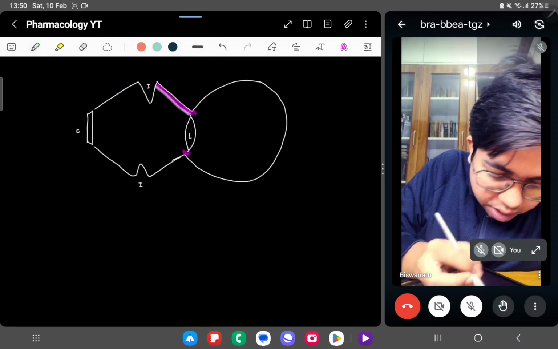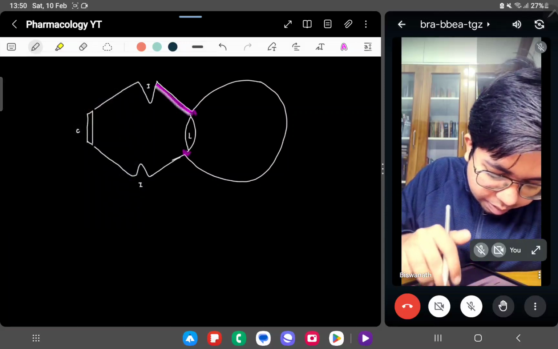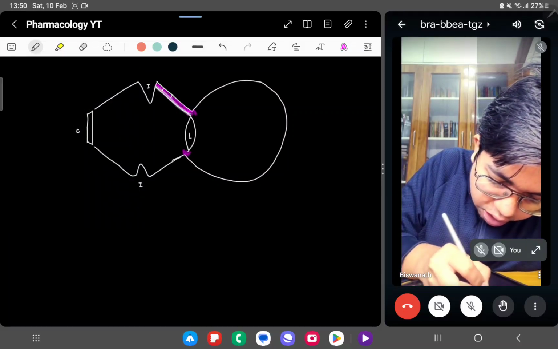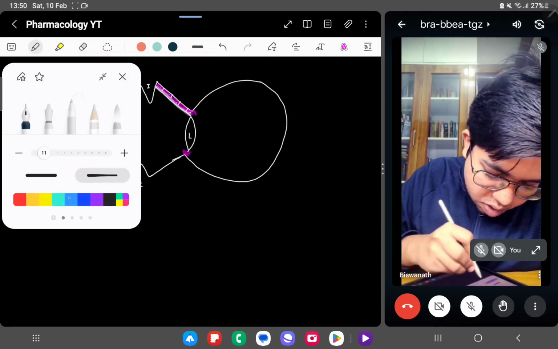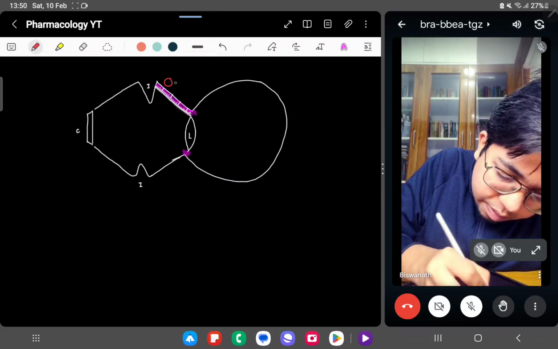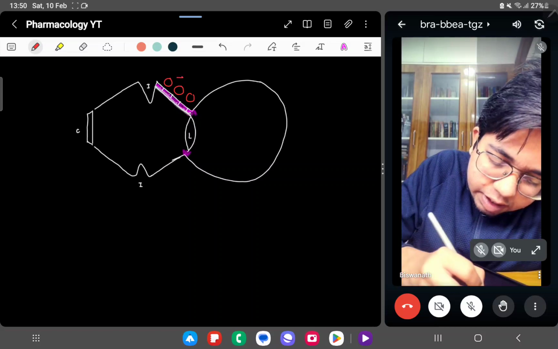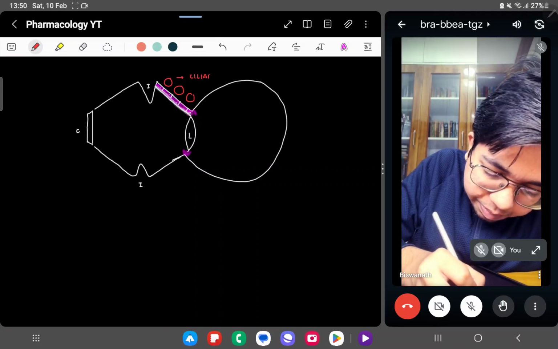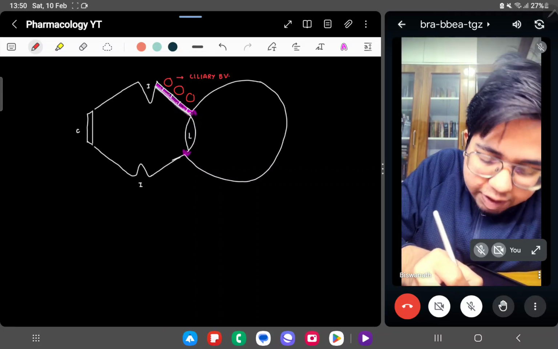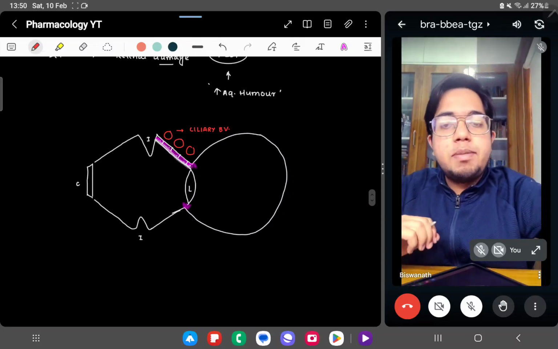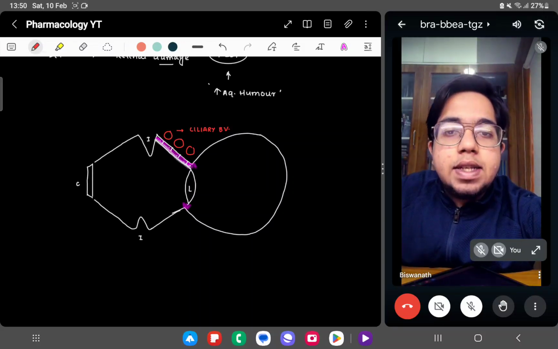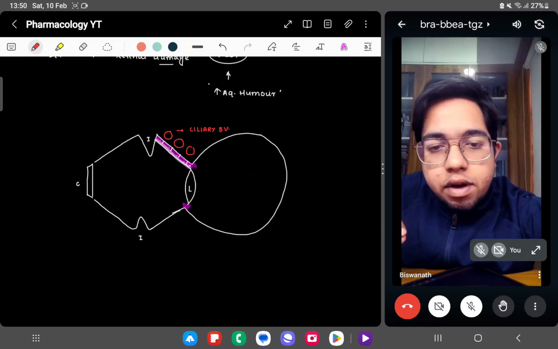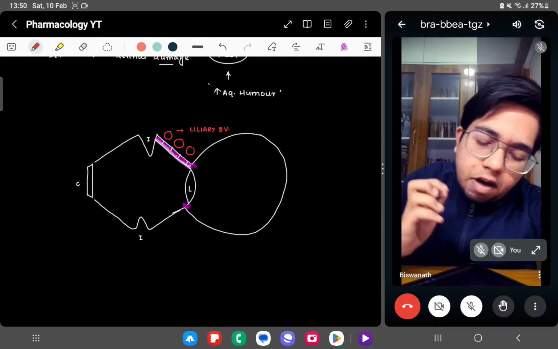Here you have the ciliary epithelium. And on the outside you have the ciliary blood vessels. So you have the ciliary epithelium, the ciliary blood vessels, and the ciliary blood vessels will have the presence of alpha 1 receptors.